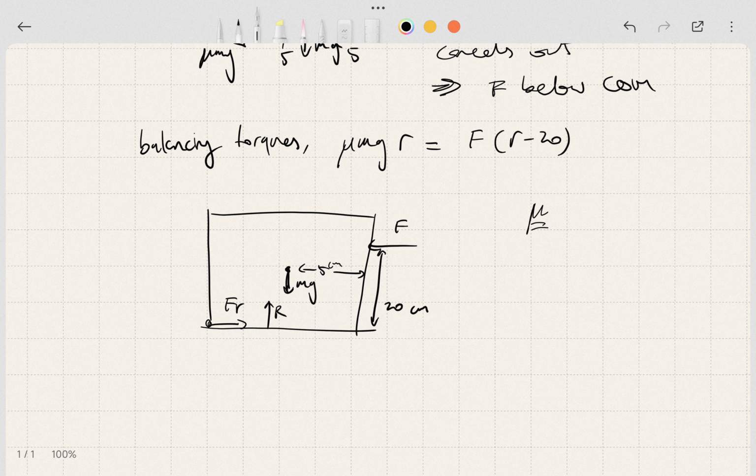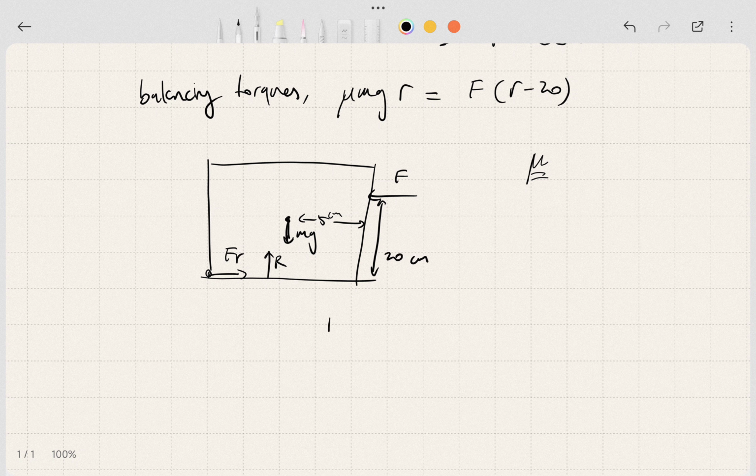Okay, so let's resolve the forces. We know that vertically, the normal reaction is equal to the weight, obviously, and horizontally, I think FR must be equal to F for this to be in static equilibrium.